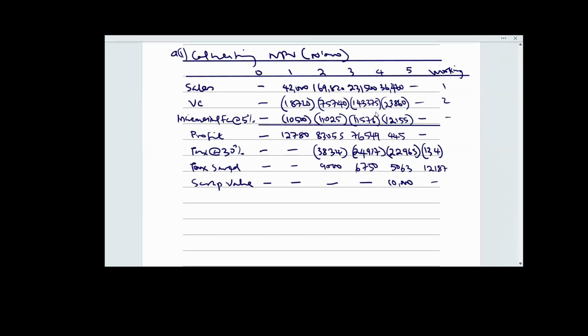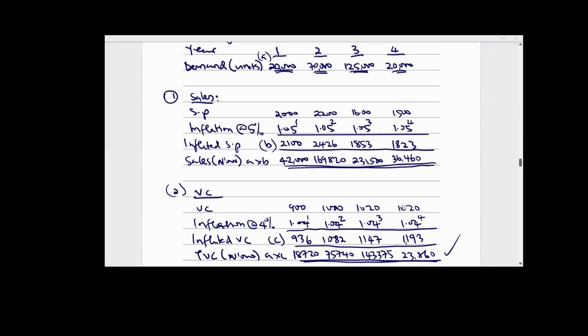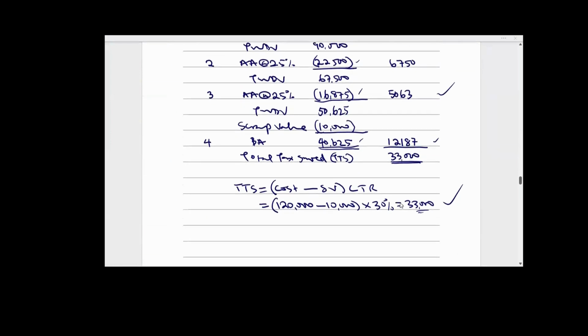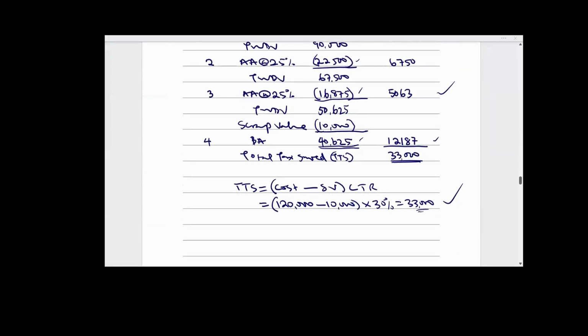Yes, Wumi, talk to me. Yes, sir. It's on the calculation of that tax saved that we calculated. So how do we know we are expected to get that 33,000? Because you said that because of the impact of rounding, we are supposed to get 33,000. First, this is what you are going to do before you put down the final figure, this last one, 12,188. Before you put it down, you need to calculate your capital allowance.